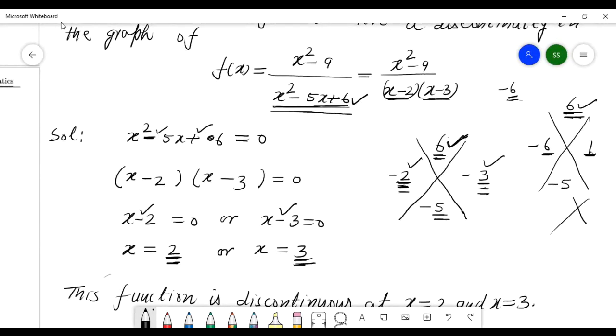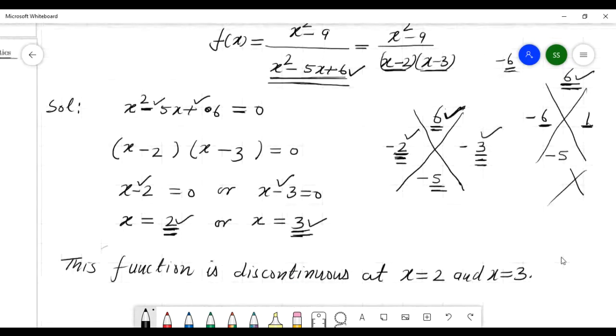Problem. So at these two numbers, x equal to 2 and x equal to 3, this function is not defined. It means the first condition of continuity fails. So discontinuous at these two numbers.